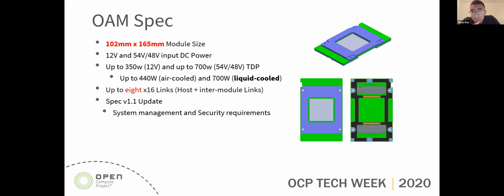In different types of interconnect topologies, it also includes the configurations of intra-module communication, host connection, as well as expansion ports up to 8x6 links. In version 1.1, one key update is system management: the management interface, firmware update, I/O calibration, and OEM security requirements are added to the spec.